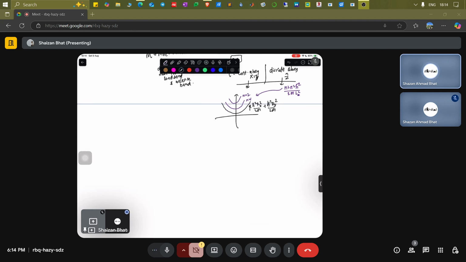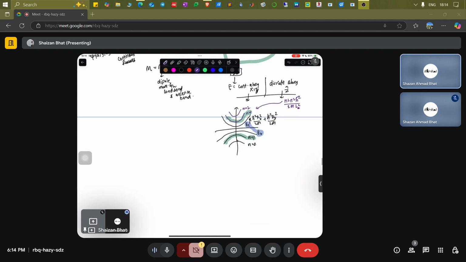So now you have the conduction band, similarly the valence band, and apart from it you have subbands, n equals 1, n equals 2. So now you have the dipole moment of the conduction band and valence band, and the dipole moment of these subbands.